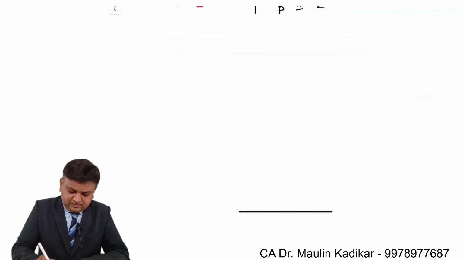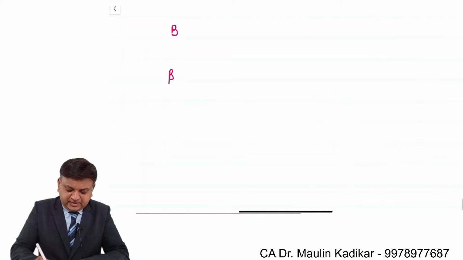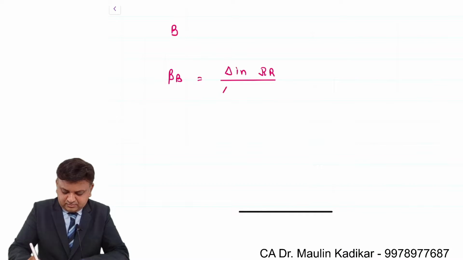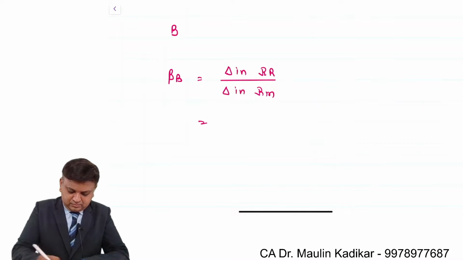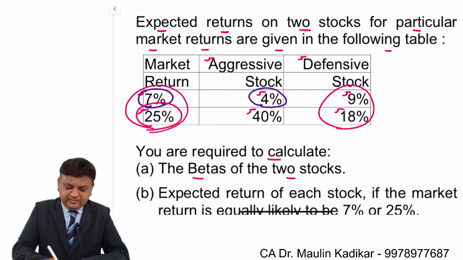For the B security, the beta is change in required rate of return upon change in RM. Over here we can see 18 minus 9 upon 25 minus 7.